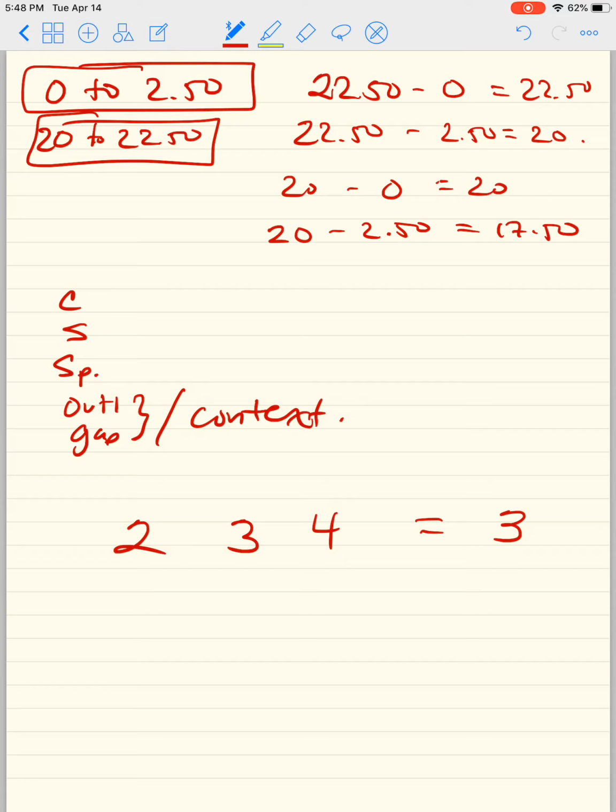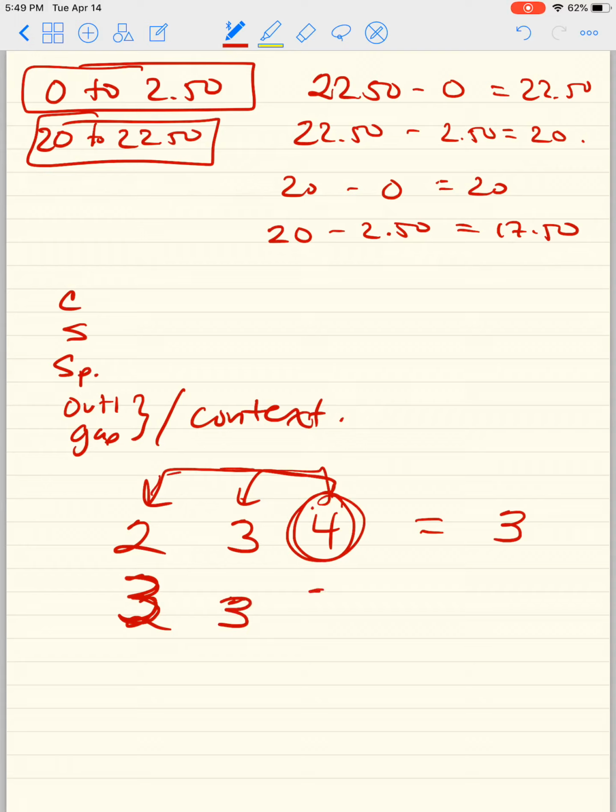Or what I can do is I can take 1 from the 4 and give it to the 2. I would get 3 for this person. This would stay 3. And then because I took 1 and gave it to this person, this will become 3. And now they all match. And so your average is 3.